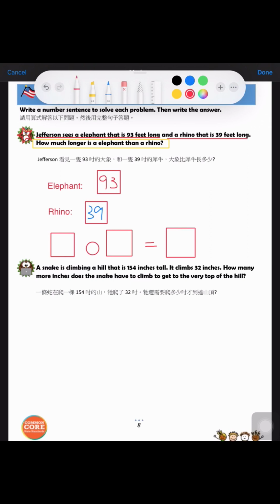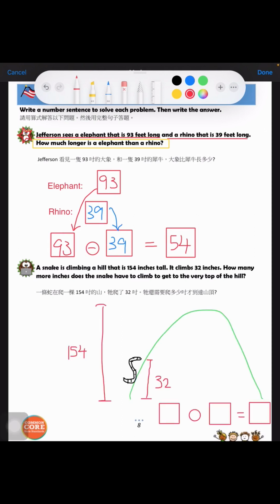The elephant. So we can subtract 39 from 93. Which equals to 54. So the elephant is 54 feet longer than the rhino. Let's move on to the next question.